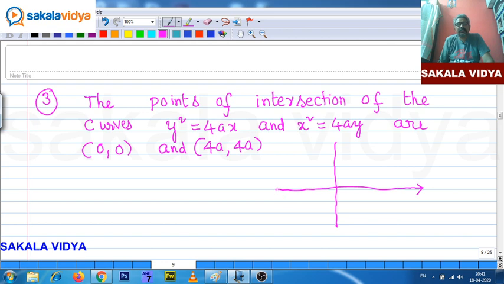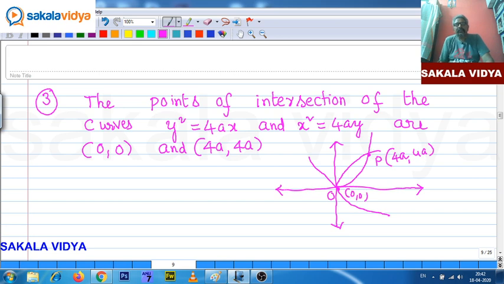Suppose this is the x axis, this is the y axis, y square is equal to 4ax is the right handed parabola, this is the origin. So, this will be an upwards parabola. Say this is the point of intersection P. So, we can say this point of intersection is 4a comma 4a, whereas this is 0 comma 0.